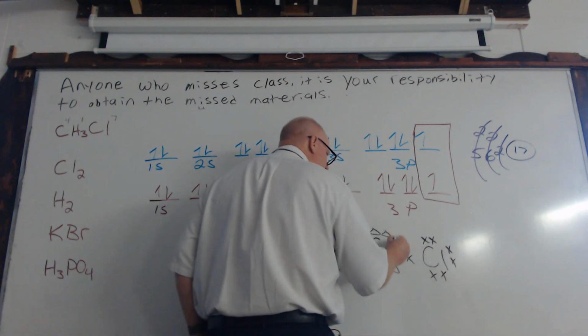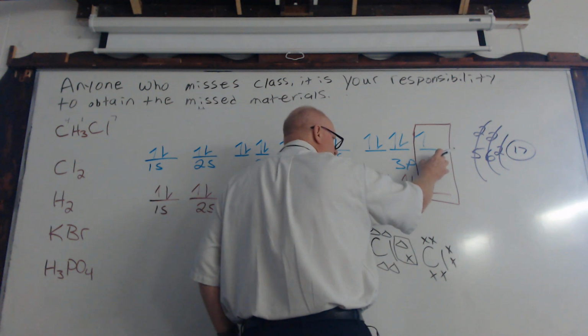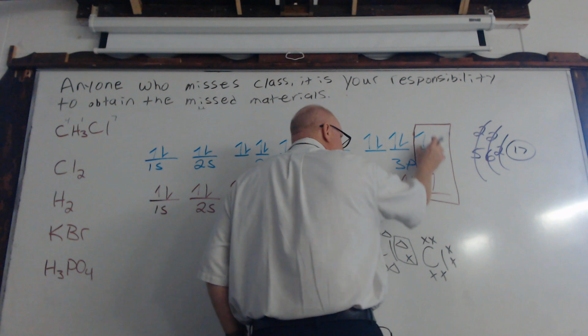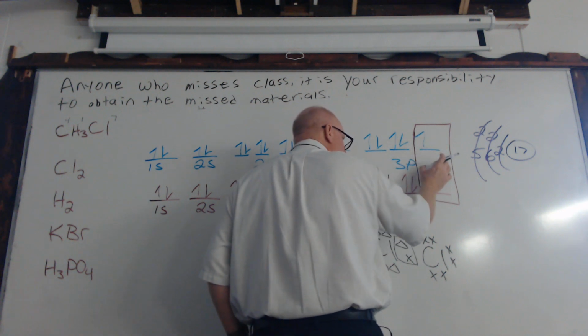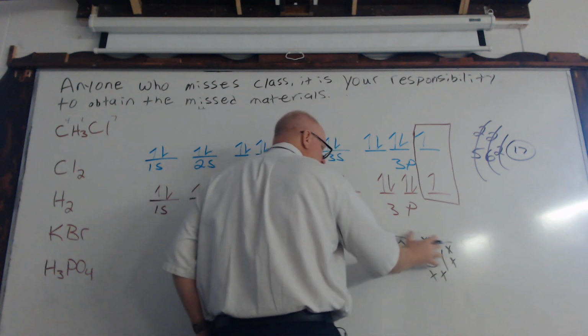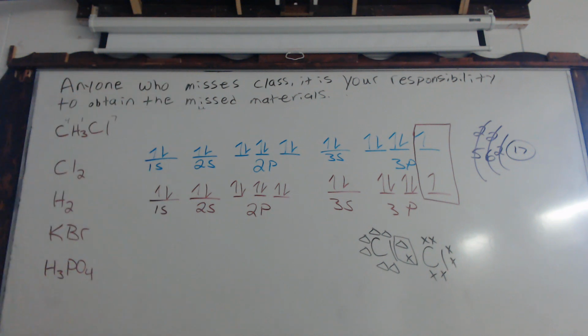So this right here is being shown by right here, and that's where that concept comes from. That's where that bond forms, because these two overlap one another, and therefore this electron gets shared in between these two. That's why you see 8 electrons around each one of them now, therefore satisfying that octet rule.